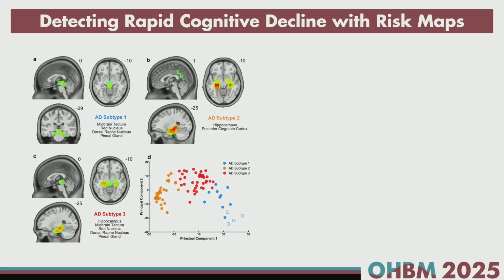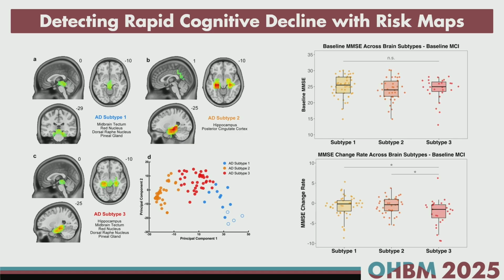Here we want to illustrate a potential use for these brain risk maps. We tried to cluster all the AD risk maps into 3 subtypes, and we stratified all the MCI participants into these 3 subtypes. What's interesting is that although the 3 subgroups of MCI didn't show any significant differences in baseline cognitive scores like MMSE, subgroup 3 showed significantly faster cognitive decline than the other groups.